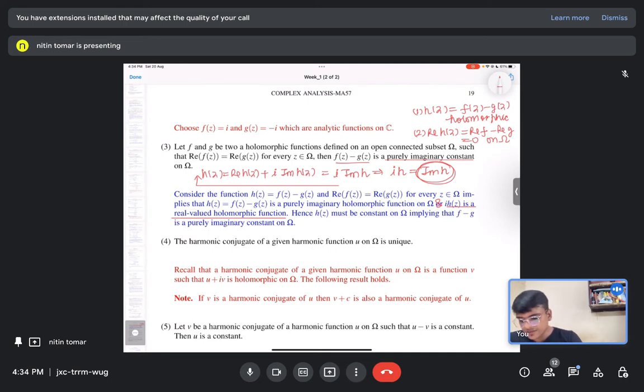So if iota h is constant, you transfer iota to the right hand side and you are multiplying by a constant, so everything will be constant. So h(z) must be constant on omega. And what kind of constant? A purely imaginary constant, because h has no real part. And h was f minus g. So this implies that f minus g is a purely imaginary constant on omega. Okay. So is this fine?